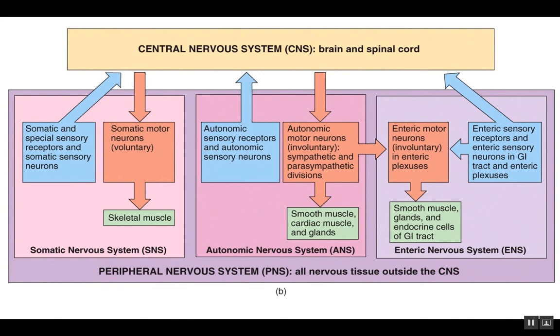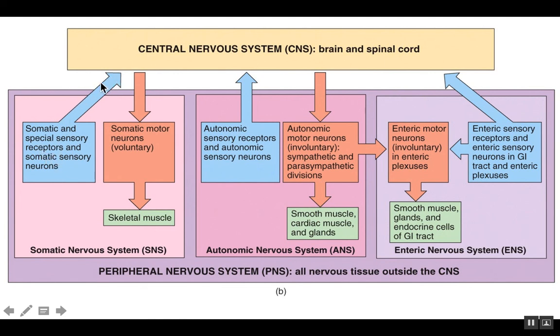This figure I think we've seen in the past. It was kind of an introductory figure to the nervous system, where we have the CNS up top, brain and spinal cord. The CNS is going to get sensory information. That's all the blue arrows.